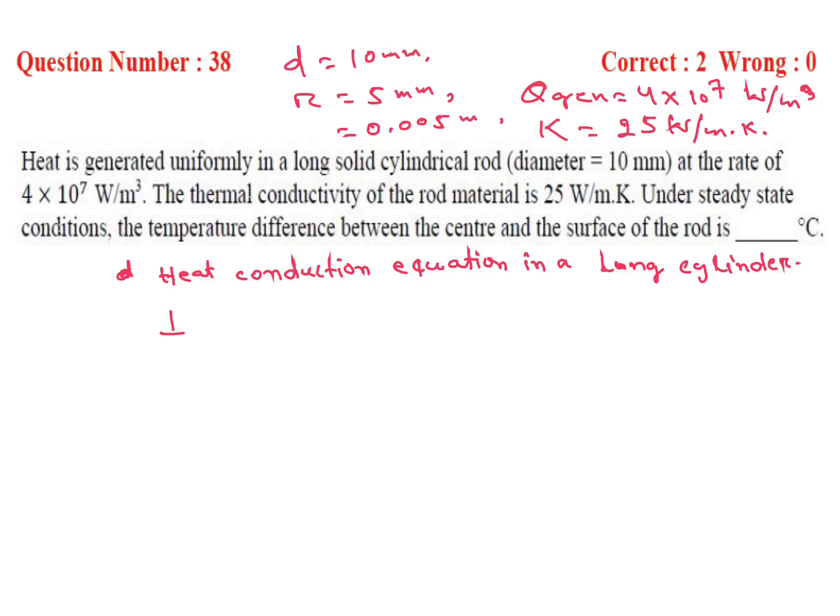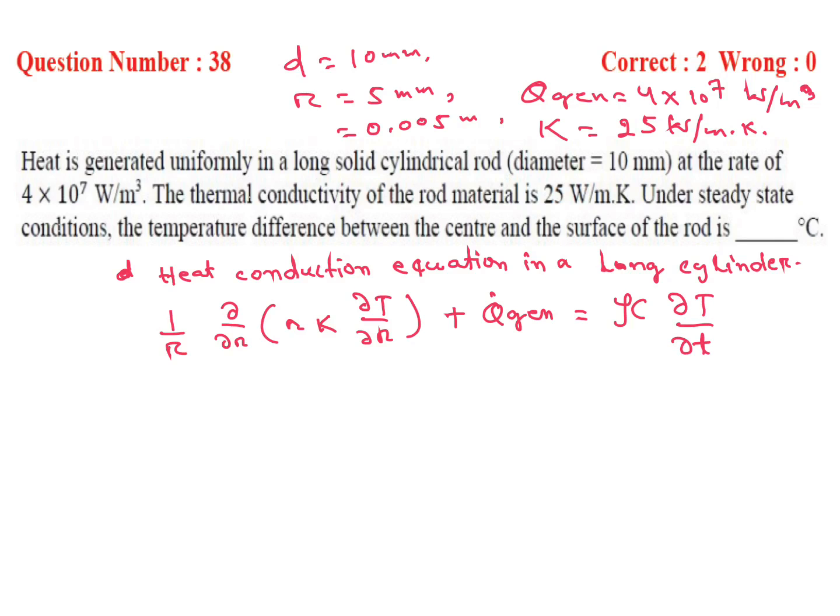The heat conduction equation in a long cylinder: 1 by r into d by dr of (K r dT by dr) plus Q generation equal to rho C dT by dt.